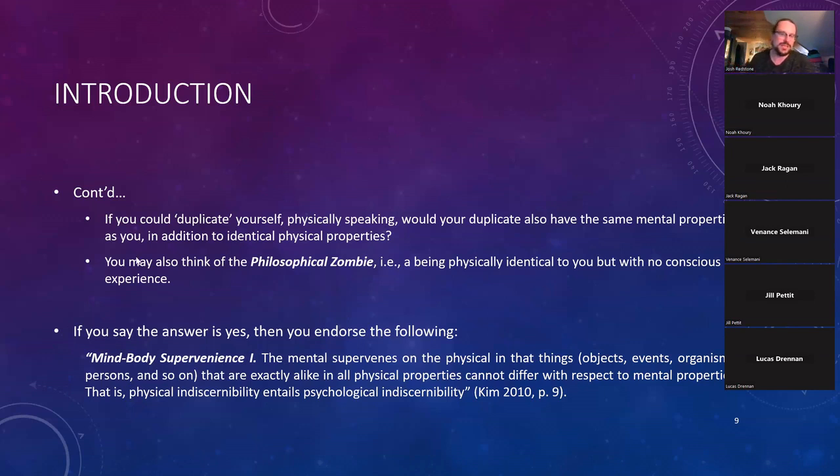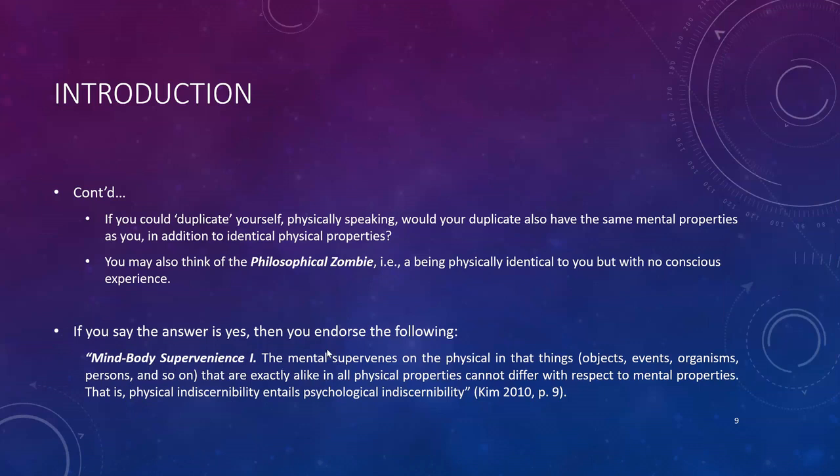So mind-body supervenience thesis number one, as Kim presents it, is: the mental supervenes on the physical in that things, objects, events, organisms, persons, and so on, that are exactly alike in all physical properties cannot differ with respect to mental properties. That is, physical indiscernibility entails psychological indiscernibility.